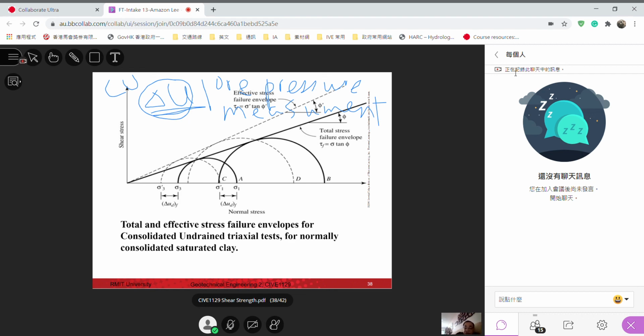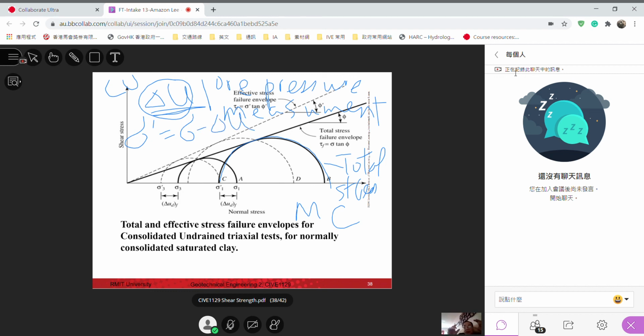Okay, so initially we can plot the total stress Mohr circle. With the total stress Mohr circle, effective stress is equal to total stress minus pore pressure.